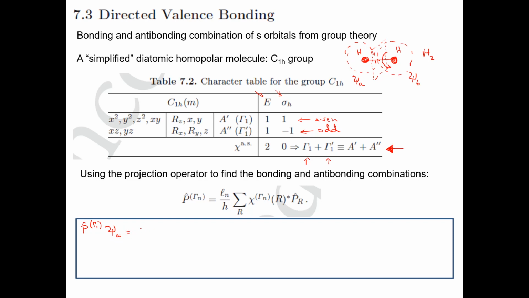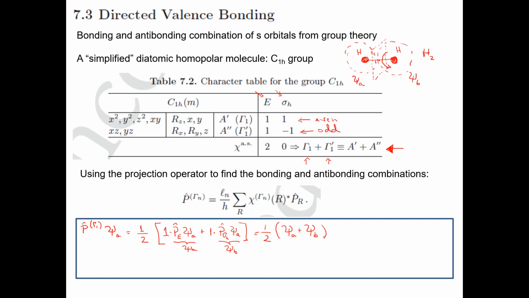So this is 1/2, and then I have the character of the identity, which is 1, and the application of the identity operation to psi A gives me psi A, plus the character of the sigma h, which is also 1, and the application of the sigma h operation to psi A gives psi B. So I get 1/2 (psi A plus psi B).